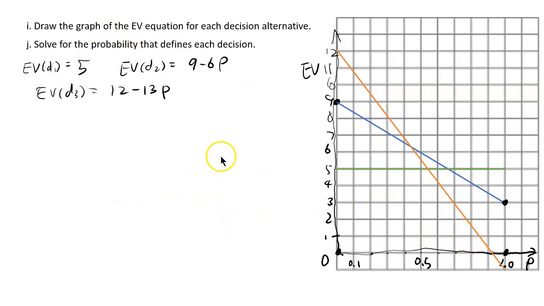probabilities. Now, what's important here is that for different probabilities, you want to decide using the EV expectation values, right? So what you're going to do is, when your probability is between 0 to somewhere here, I don't know exactly what that is, you're going to go with D1.